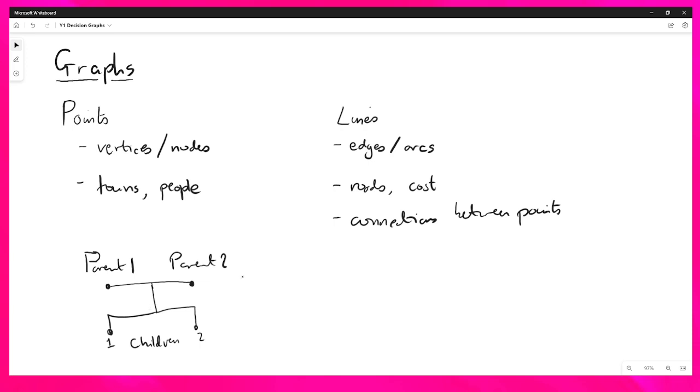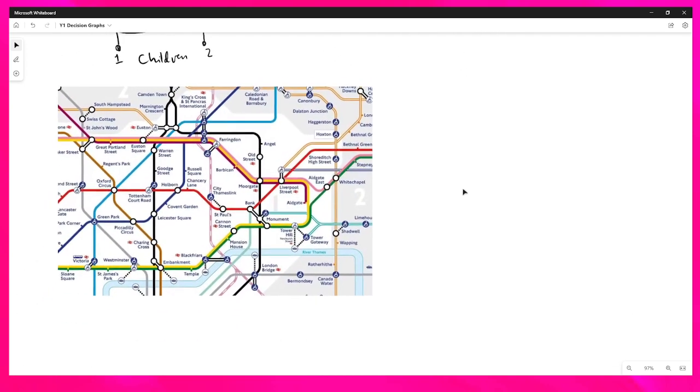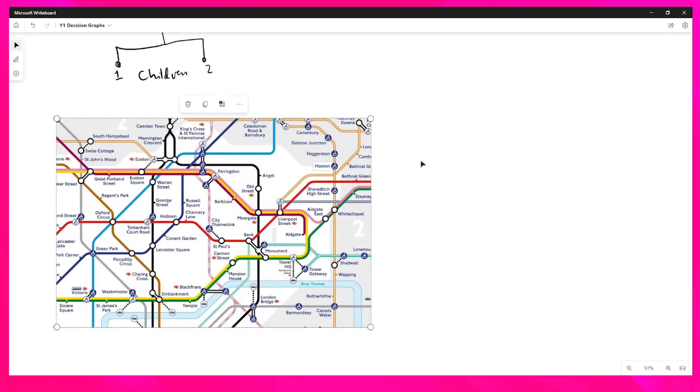So you really have to think about graphs not in a necessarily physical sense. However, one of the best examples of a graph that you probably have seen is the London Underground, where all of the arcs represent the train lines, or tube lines.